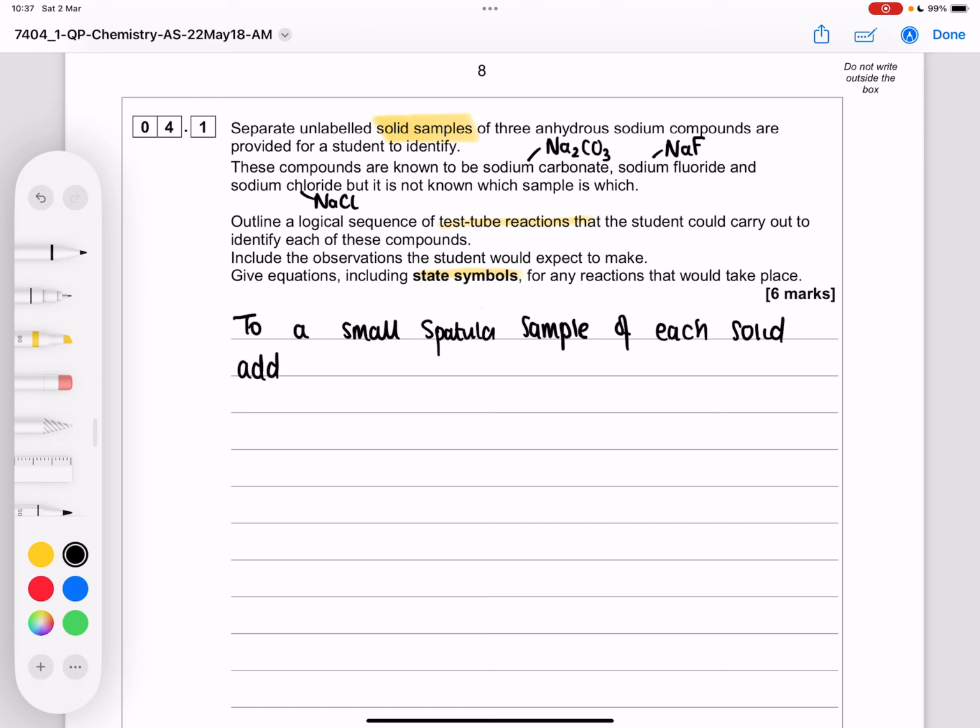Add, we need to choose an acid, 1 centimetre cubed of nitric acid. I like nitric acid for tests because nitrate ions don't give false positives with anything. So add 1 centimetre cubed of nitric acid.